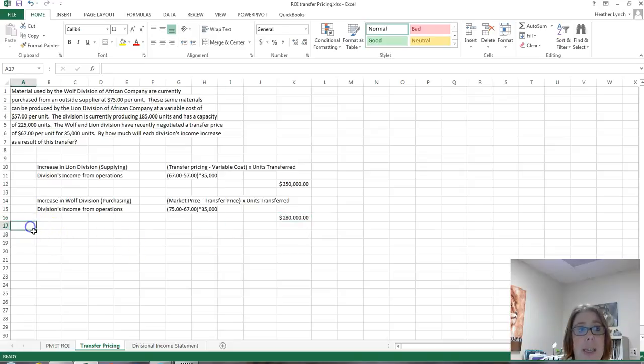So again, it's just a guessing game. It's one of those things that your managers will talk about. Here, you could be getting more into quality control because you know it's coming from the Lion division, so you guys are kind of related. Getting it from an outside manufacturer, you could possibly run into defects. You don't have that quality control.